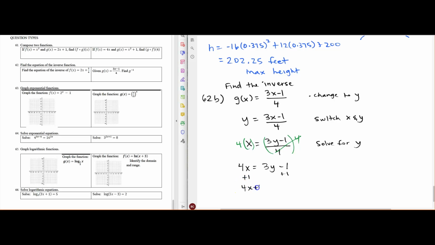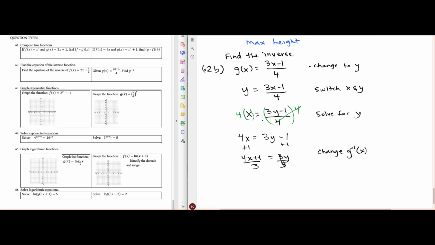So 4x plus 1 equals 3y, and divide by 3. And then the very last step is that you're going to change back to function notation. So you've got to change it to the inverse of g of x, because we were given g of x first of all. So then we write our answer as the inverse of g of x equals 4x plus 1 all divided by 3.